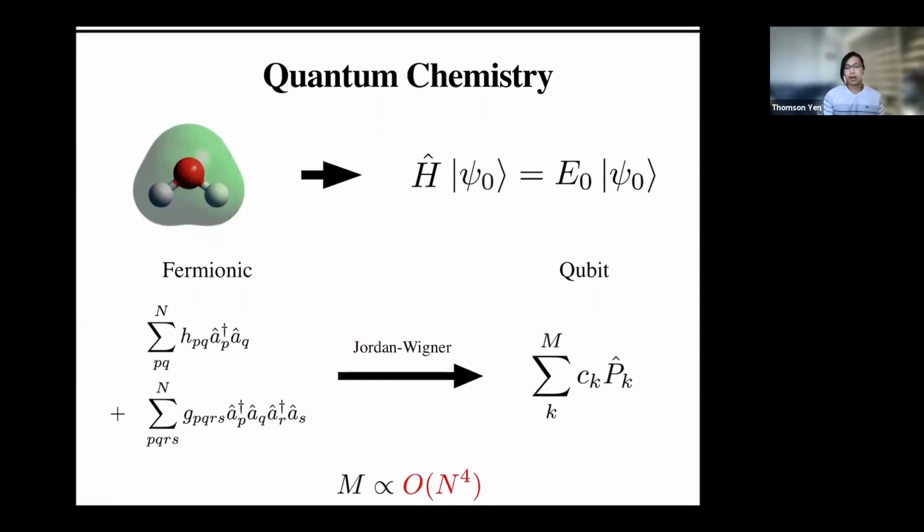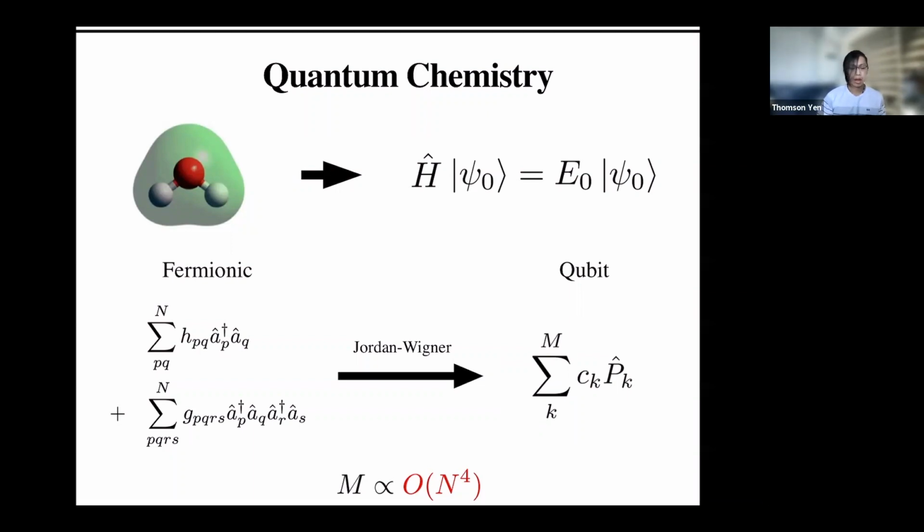So initially, and still to this day, VQE is used to solve quantum chemistry problems, where usually you have a molecule, and in this case, it's H2O, and you want to understand its properties, how it interacts with the world. Because the nuclei are generally heavier than the electrons in the molecule, you just want to focus on the electronic degrees of freedom.